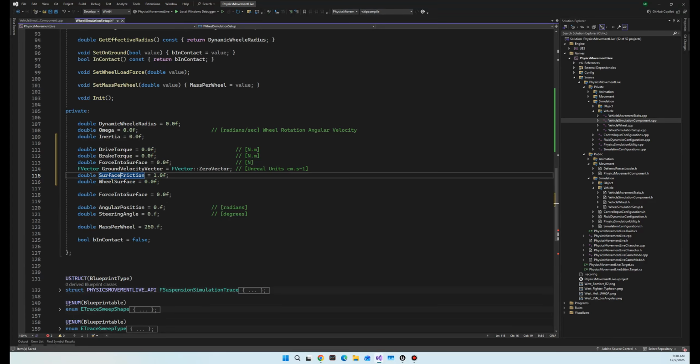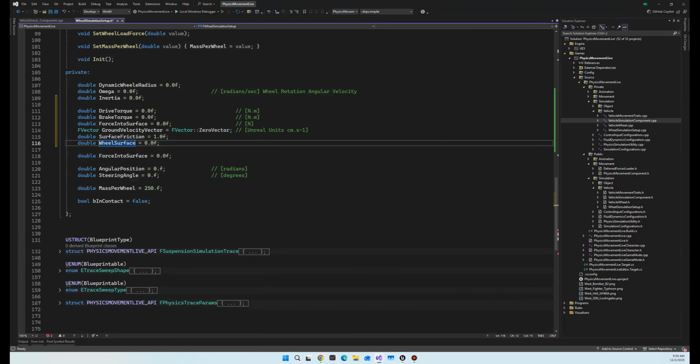Surface friction, this is the amount of friction that is on the surface, because we're going to be breaking that friction coefficient into two parts. And then we have the wheel surface. So this is the amount of actual surface area that is in contact with the ground.